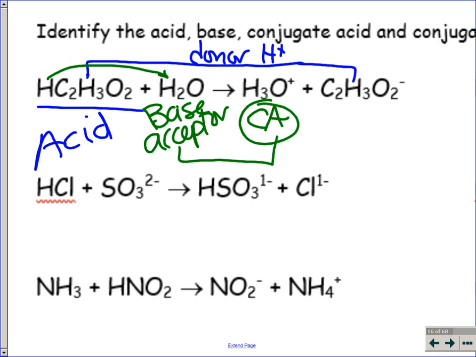So then this acetic acid being the acid made a conjugate base. Okay? So all you're doing is labeling acid, base, conjugate base on these two examples here. See if you can pick up here in your groups. So you have to look into the future to see what's happening before you can make your decision.